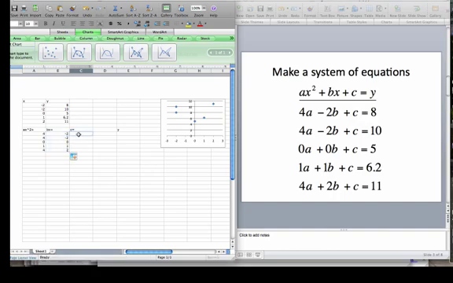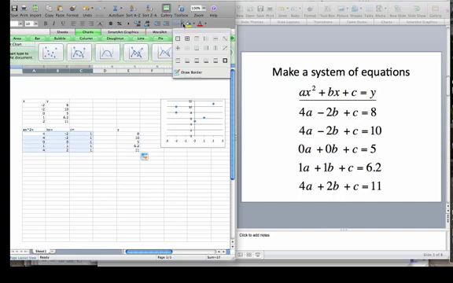In each case, c is multiplied by 1. So I'll enter a 1 and pull down. And the y values form the constants matrix. So I'll just pull down the y values. Okay, now I need to label my matrix and box it.